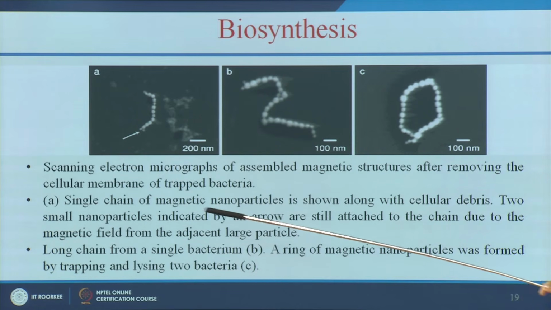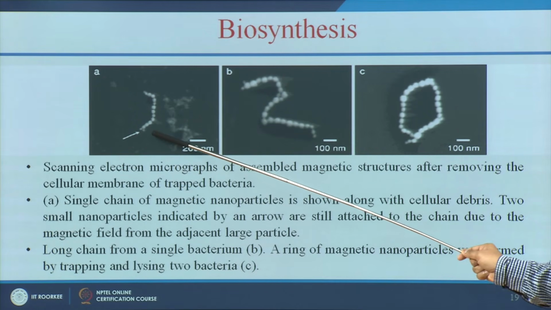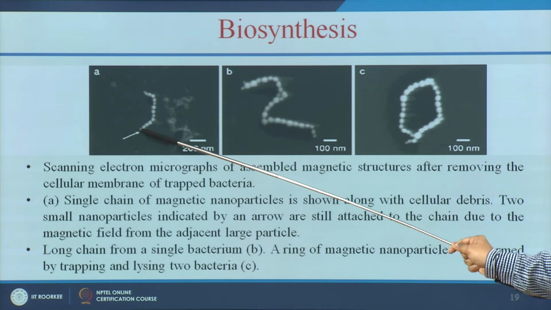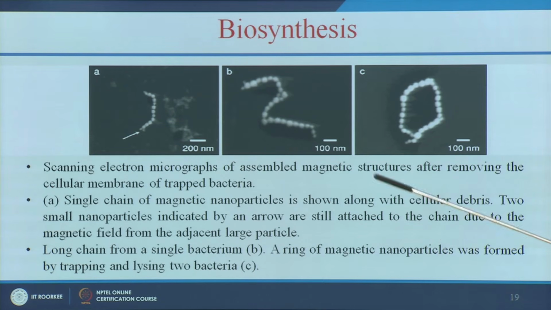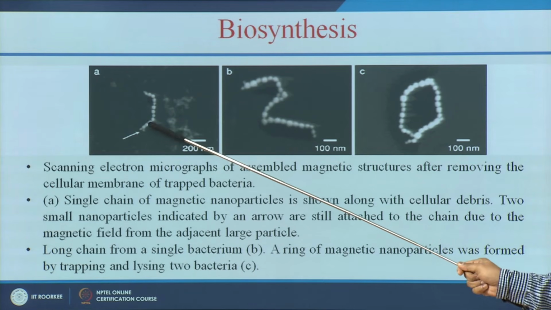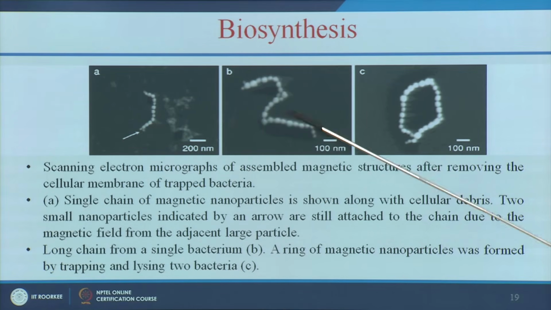You can also see two small nanoparticles indicated by this arrow, which are still attached to the chain due to the magnetic field from the adjacent large particle. This is a long chain from a single bacterium, and this is a ring of magnetic nanoparticles formed by trapping and lysing two bacteria.